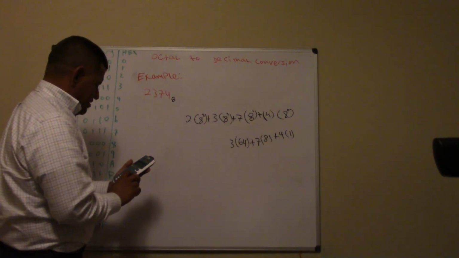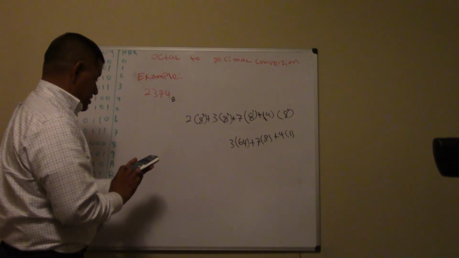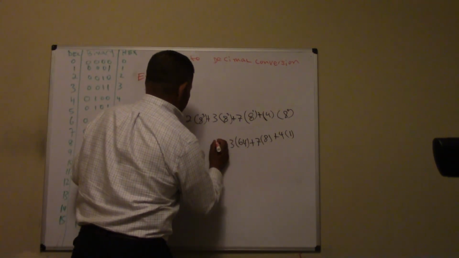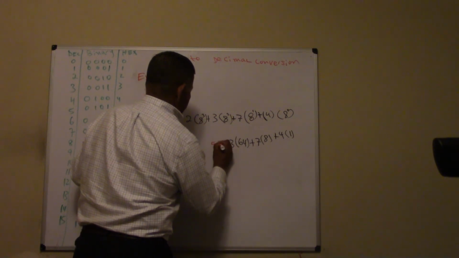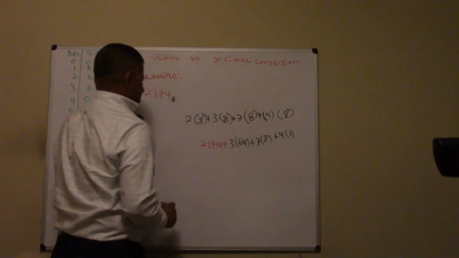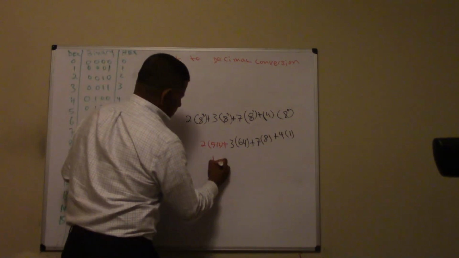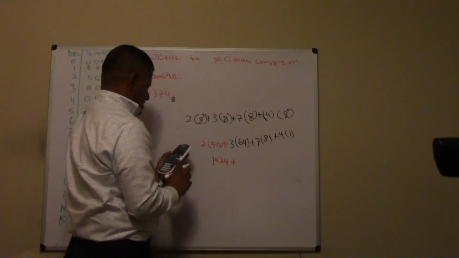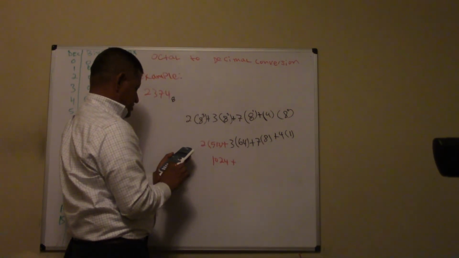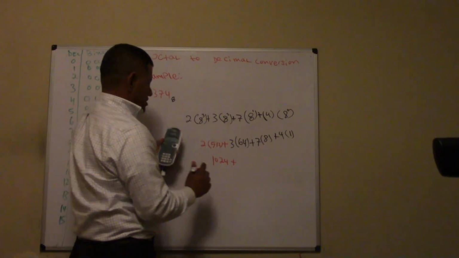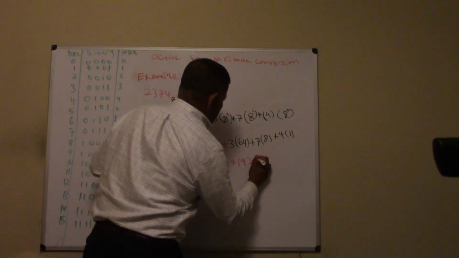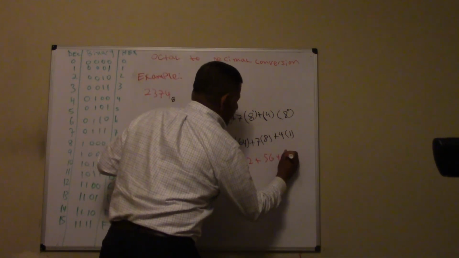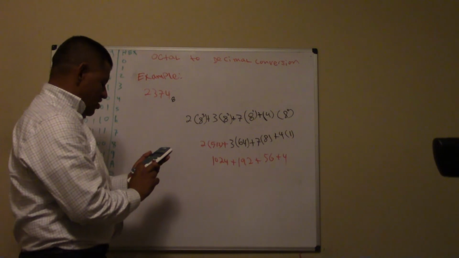Let me verify. Yes, it's 512. So 512 times 2 is 1024, plus 192, plus 56, plus 4.